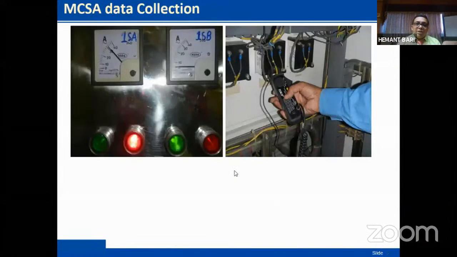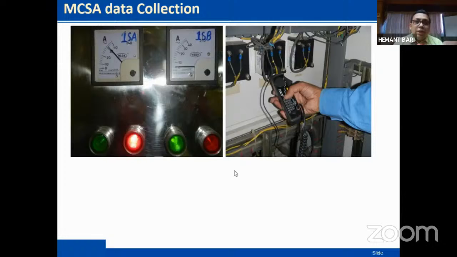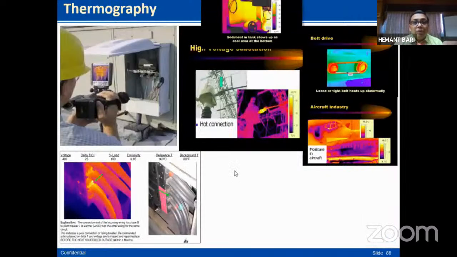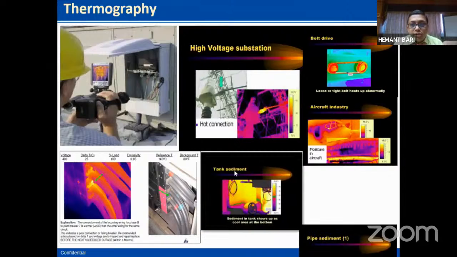Then the most advanced technique, that is the motor current signature analysis, only for the electrical people. Okay, so मोटर आपका प्लांट में कहीं भी होने दीजिए, I can check the motor from the control room, and I will find out how is my rotor bar condition. Thermography, widely used.